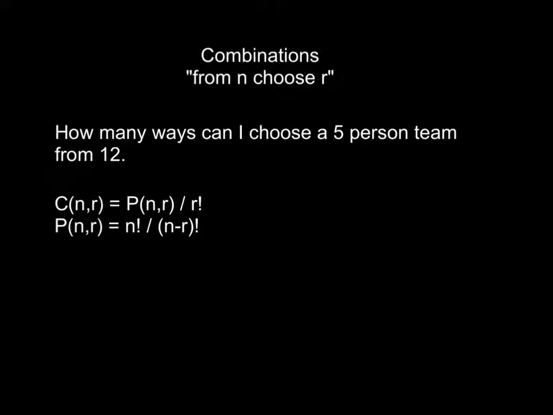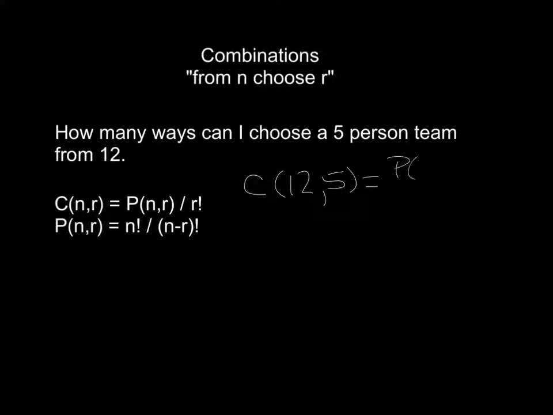An example of the combinations formula is how many ways can I choose a 5-person team from 12? So in this case, we're looking at C of 12. From 12, we're choosing 5.